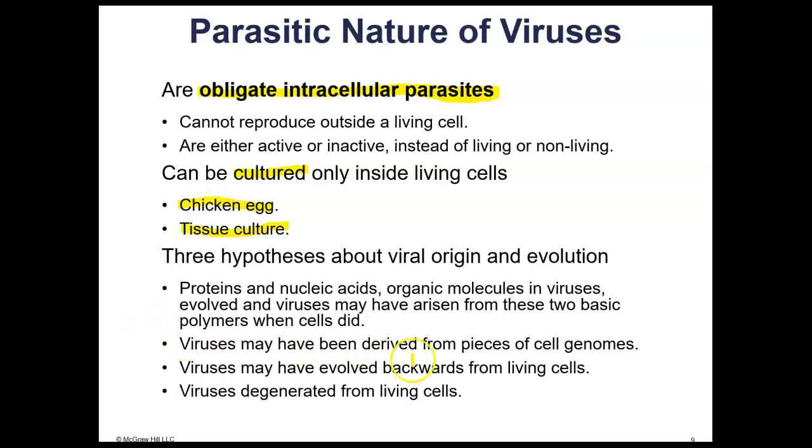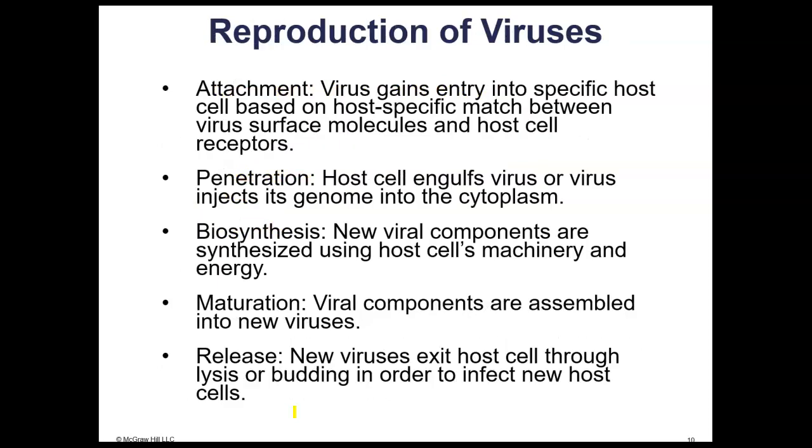Viruses may have been derived from pieces of cell genomes. Viruses may have evolved backwards from living cells. Viruses could have degenerated from living cells. But in any case, we know a lot more about the reproduction of viruses than we do about the evolution of viruses.